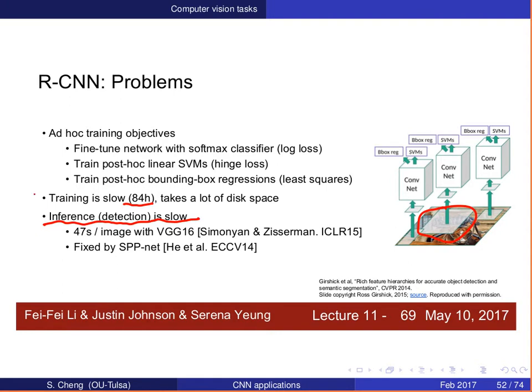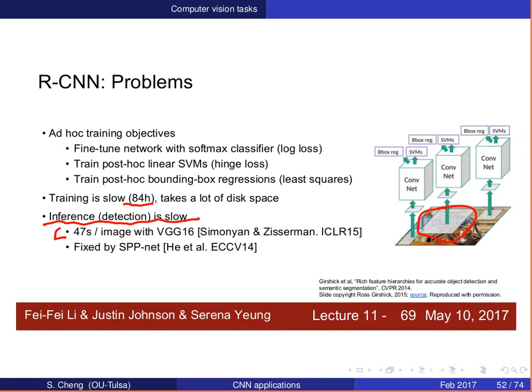Because maybe we can afford training to be slow. It doesn't matter, right? Once you train, we just put it into a cell phone, and we have apps there to detect objects in whatever picture you take. But even for detection, it's pretty slow. It takes 47 seconds for an image. So definitely you cannot do any real-time application there.